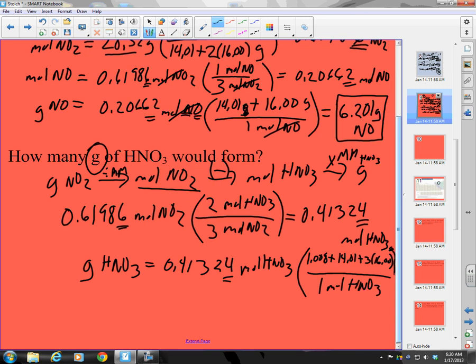That's my molar mass of HNO3. My moles of HNO3 cancel, and so I have to multiply this times quantity 3 times 16 plus 14.01 plus 1.008, and I get 26.04 grams of HNO3.